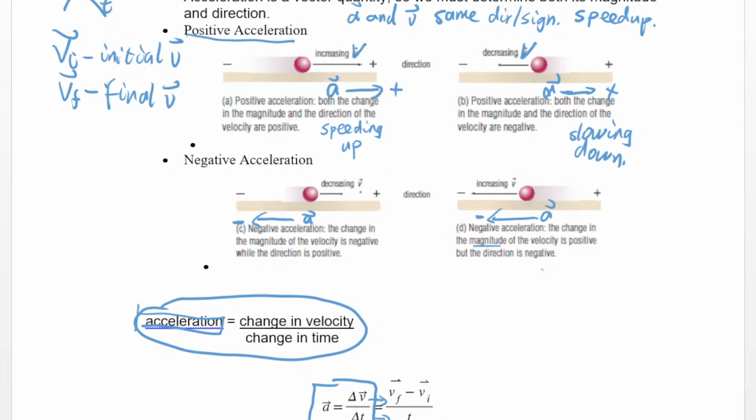Similarly, if acceleration is negative but the object's moving to the right, in the opposite direction, this one will be slowing down. In this one, the ball's moving left and acceleration is also to the left, in the same direction, so it's speeding up as well. I should find different images from the textbook, but it's a small change.